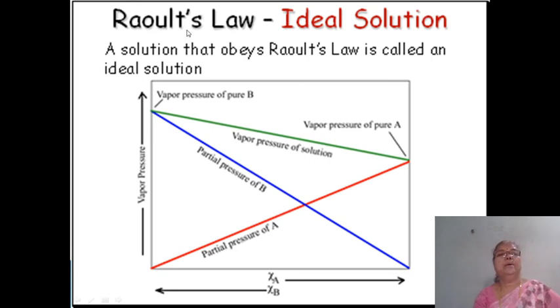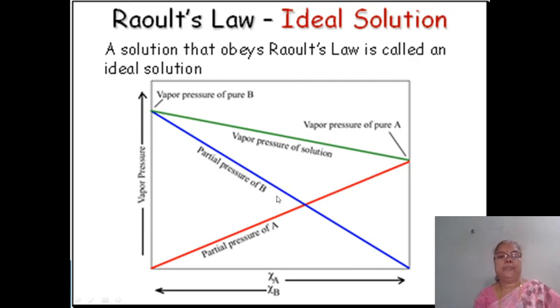Here is the Raoult's law for ideal solutions. A solution that obeys Raoult's law is called an ideal solution, and for an ideal solution the graph of vapor pressure versus mole fraction gives straight lines, remember well.